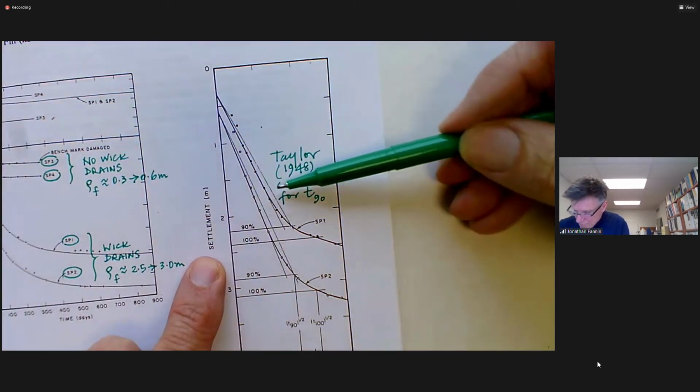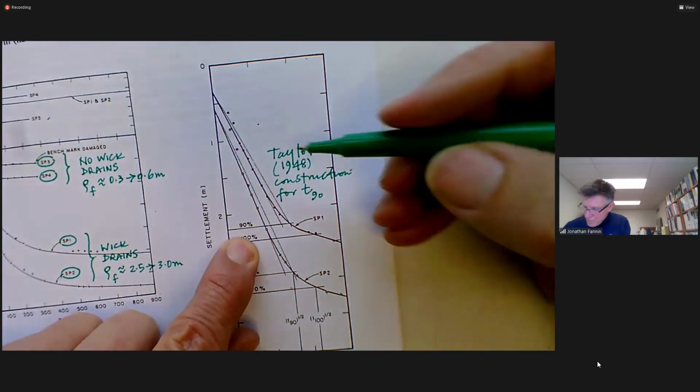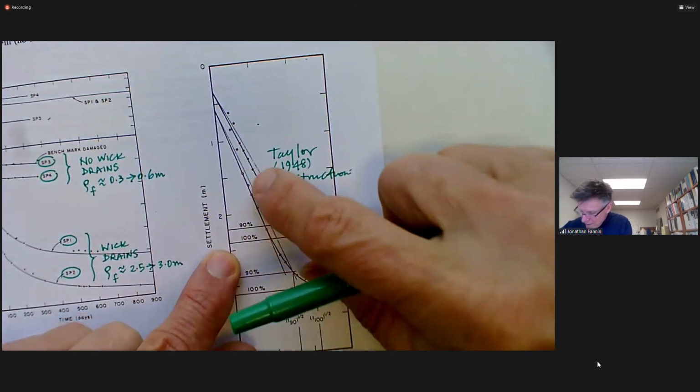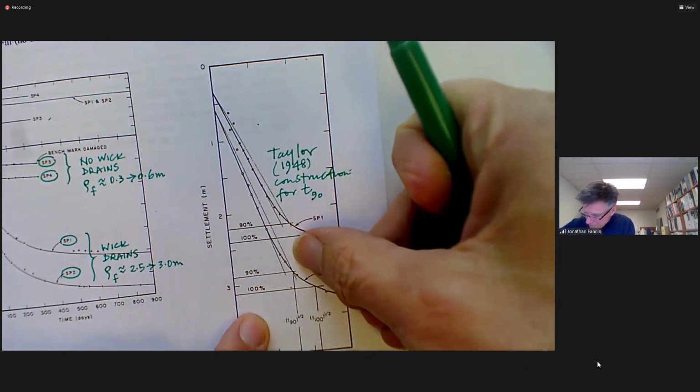So you get a straight line, you project it forward 1.15, you look at the intercept gives you T90 for SP1, T90, and for SP2, T90 are actually quite close.